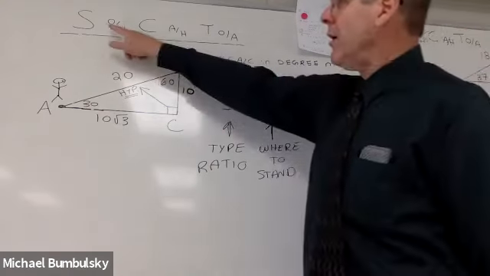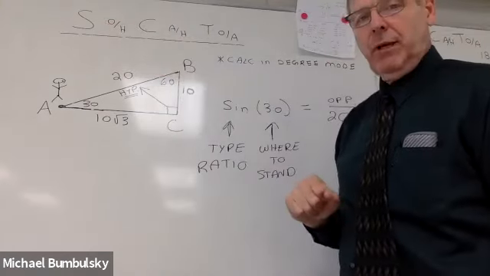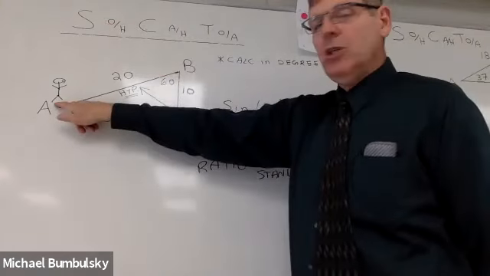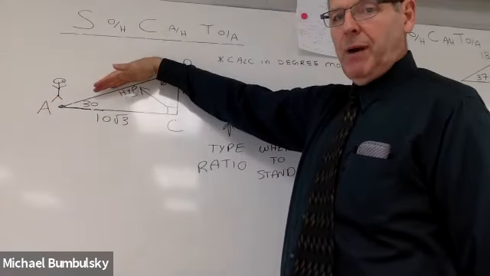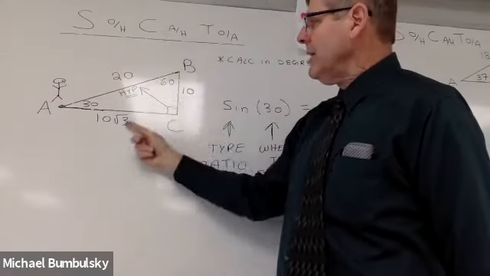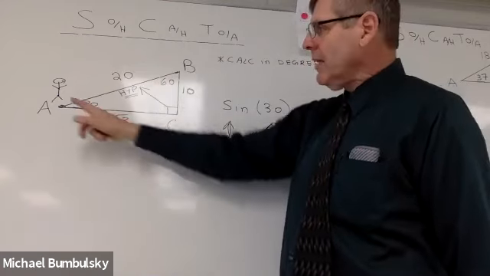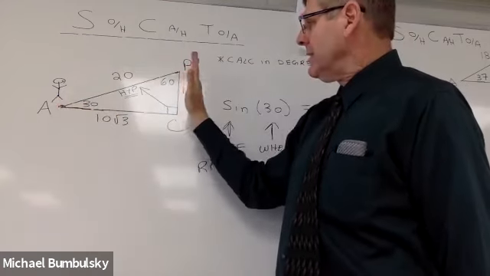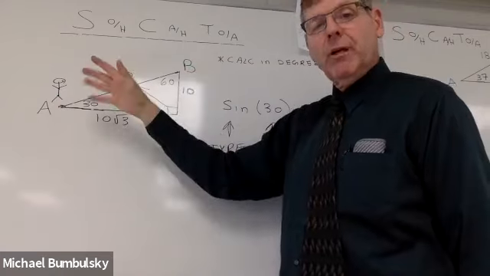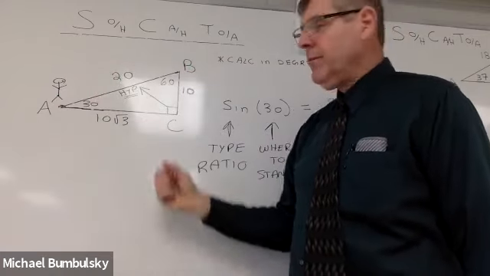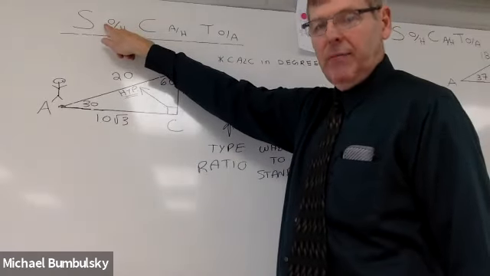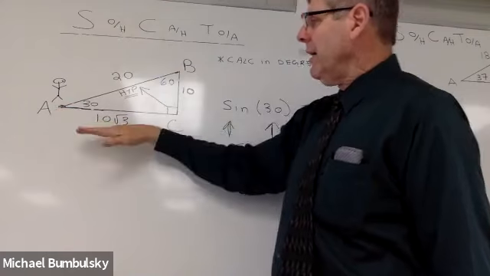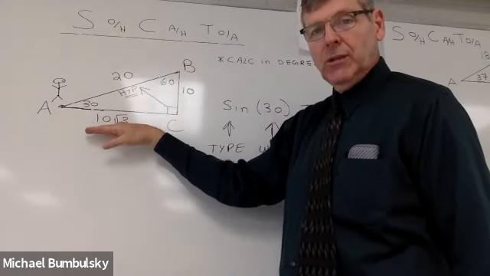This is the hard part. What does opposite and adjacent mean? Well, imagine you are physically standing here. The hypotenuse is always the hypotenuse. I need to look at these two sides here. If I'm standing here, is this side the one that's across from me, or is it next to me? It's across. If it's across from you, we say that it is the opposite side. If you are standing here, this side is next to you, isn't it?